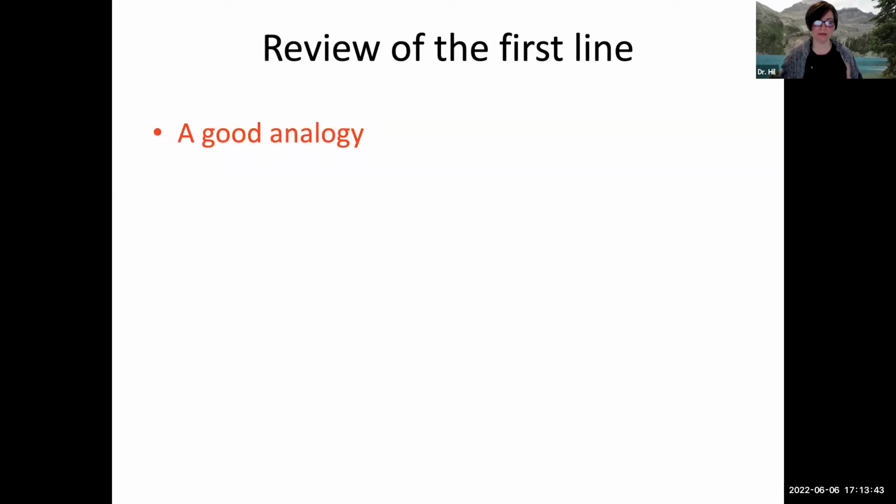First, let's think metaphorically. What would be a good analogy? What is that first line of defense like? Can you think of something in the real world to compare it to?